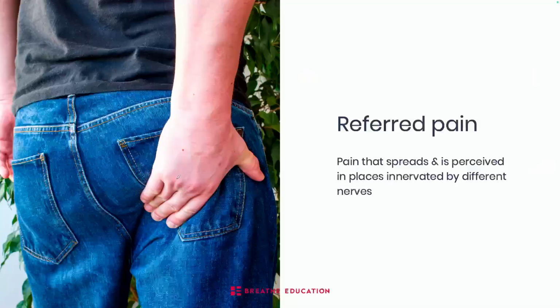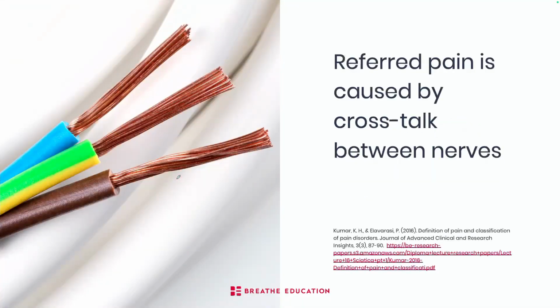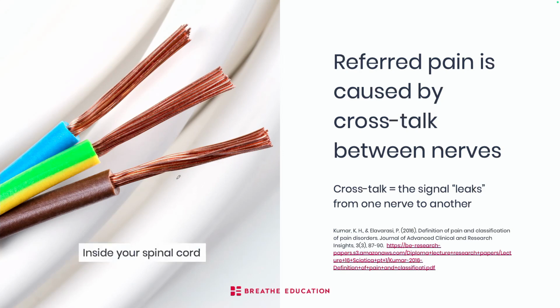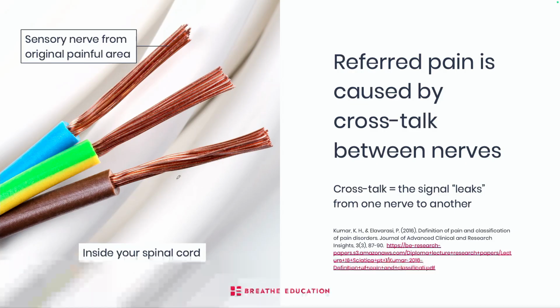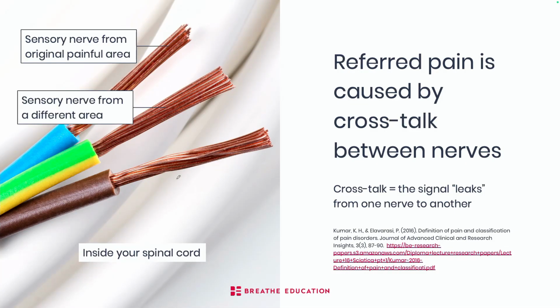And the basic way that happens is in your spinal cord. There are some local mechanisms as well to do with inflammation, but the important concept to understand is within the spinal cord. Referred pain is basically crosstalk or a short circuit between adjacent spinal nerves. Imagine inside your spinal canal, there's a sensory nerve that comes from the front inside of my knee, and another sensory nerve that comes from the inside of my thigh.